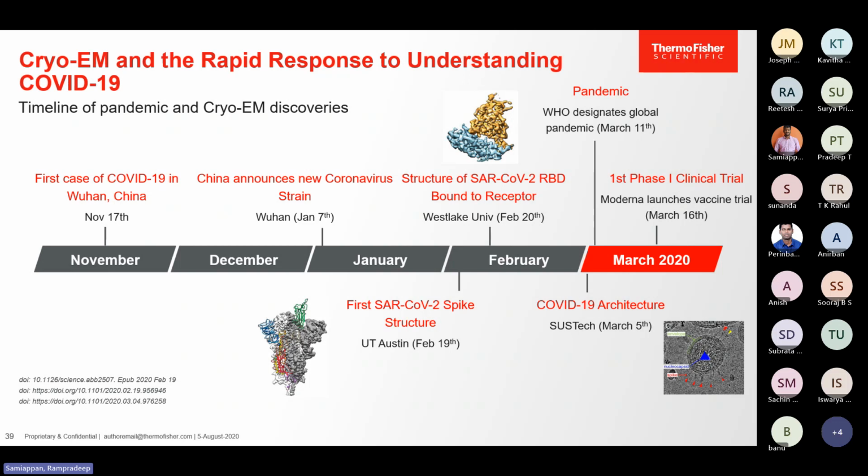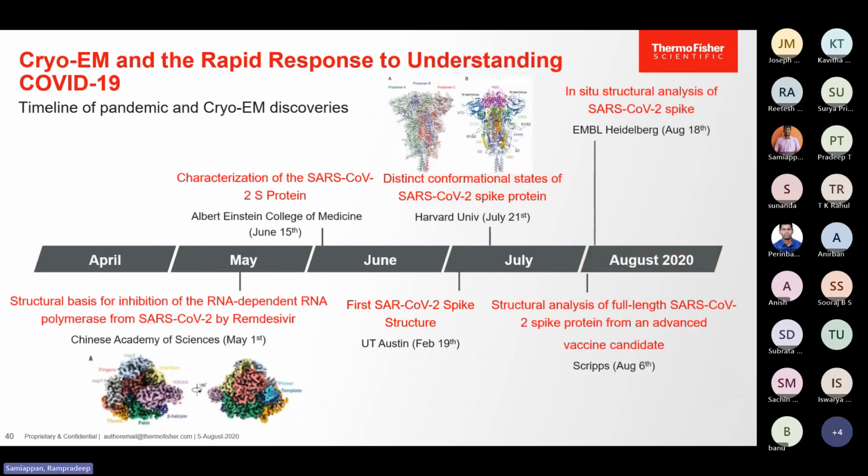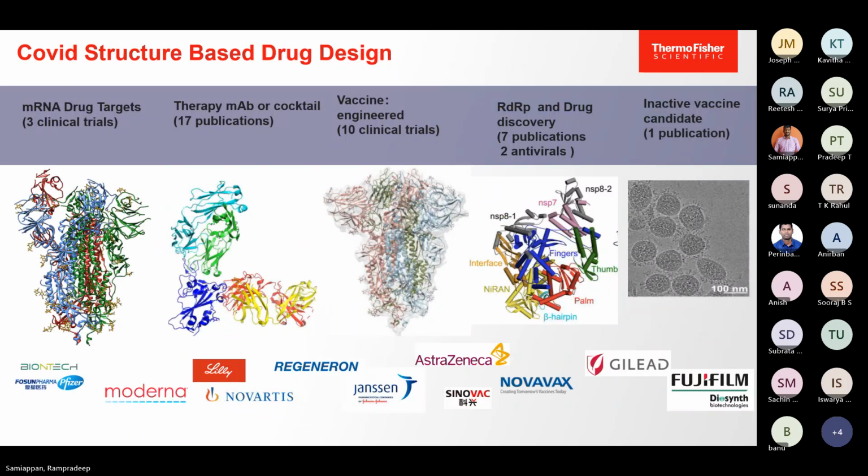We can take the COVID pandemic as a very good example. It started approximately in 2020, and within 18 months' time, we got cryo-EM data of the COVID sample, and also of drug delivery and drug targets, especially by pharma companies.